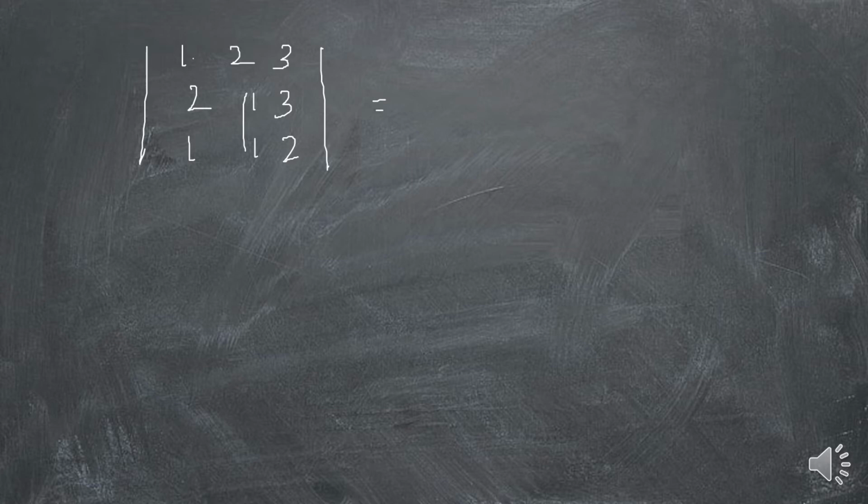Let me take the values as 1, 2, 3, 2, 1, 3, 1, 1, 2. First I take 1 and multiply these, so it would be 1 into, multiply and subtract these, 2 minus 3.